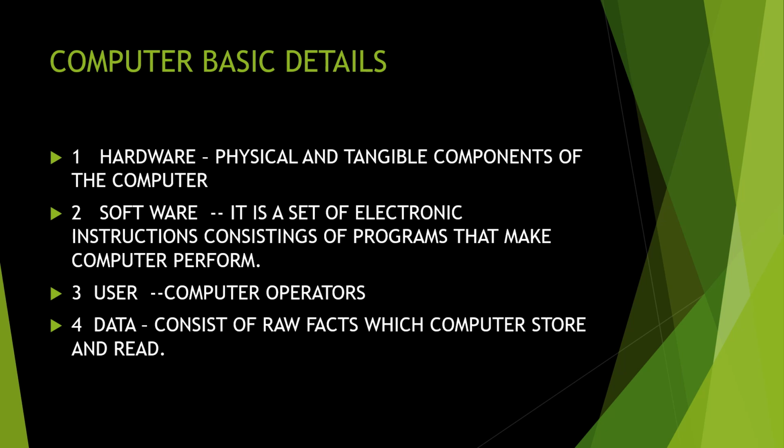I know you all know about these things. Sometimes there are questions regarding these areas. Those who are not able to understand it, just go through it and find the answers. There is no problem. Those who know it, just brush it up. That's enough. So I think now you are clear about hardware, software, user, data and all these things.